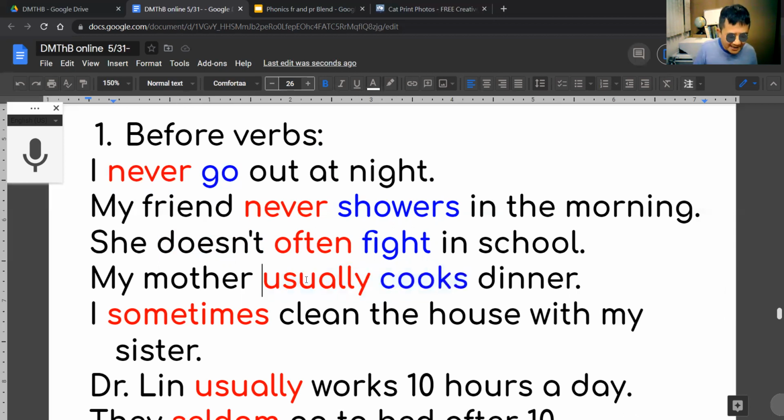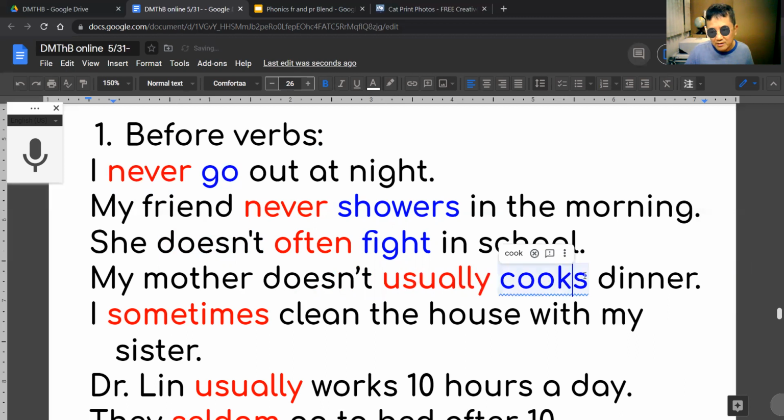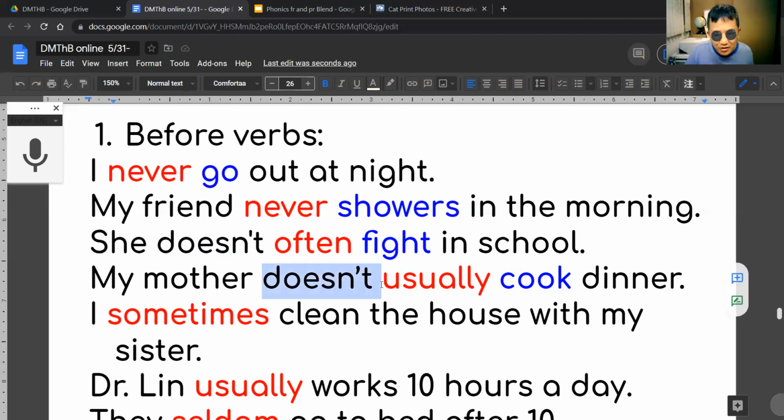So even if I say, my mother doesn't usually cook dinner, this doesn't change the order of usually and cook. It's still usually cooks.